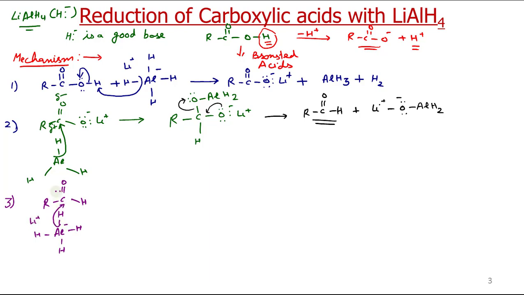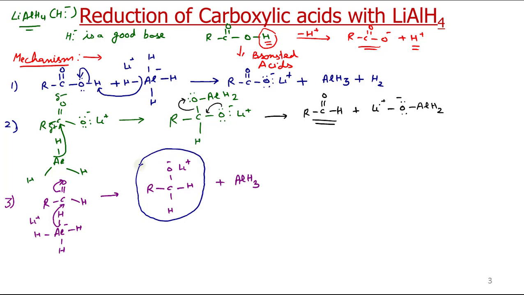This hydride will go here, this will go here, and you will get R C O negative Li positive C H plus Al H3. In the next step, this product will abstract a proton either from water or from some protic solvent under acidic condition.